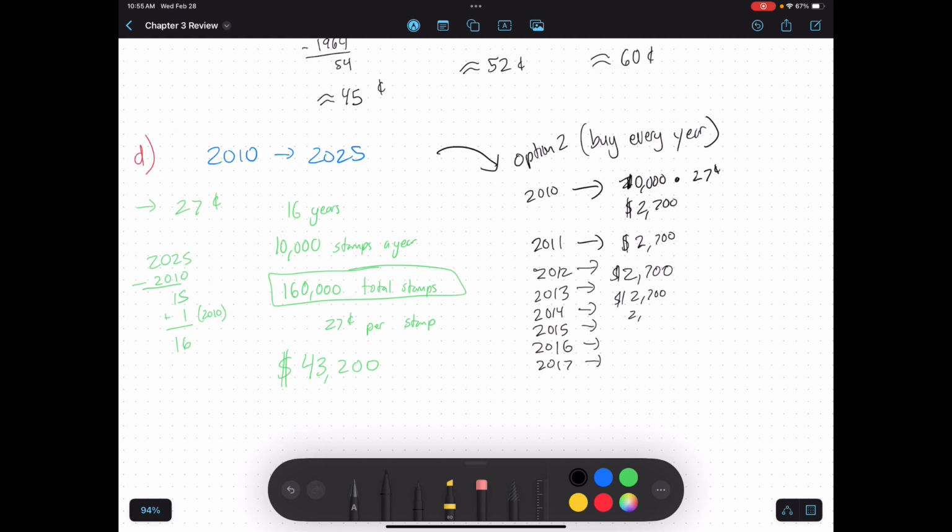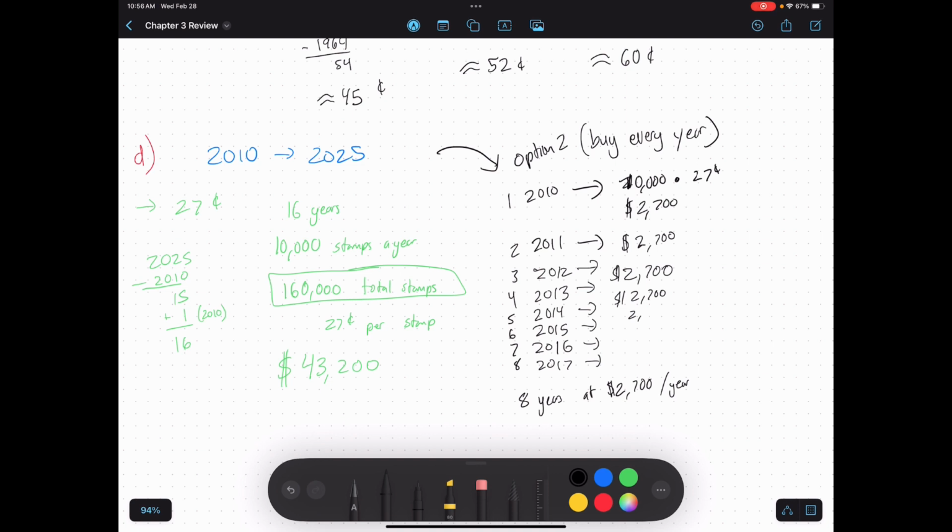Okay. So if I don't want to add all these together, I can just look at how many years this is: 1, 2, 3, 4, 5, 6, 7, 8 years. This is 8 years at $2,700 a year. So I can multiply those two.